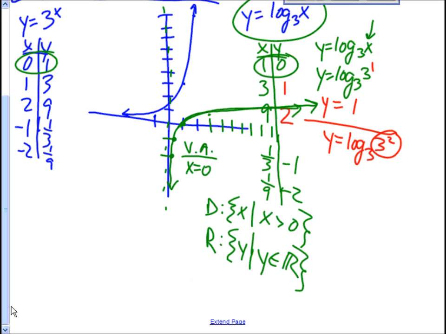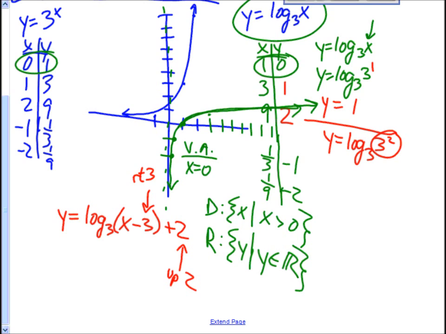All right. And of course, you can shift that right, left, up, down. Same sort of shifts. If you had log base 3 of (x minus 3) plus 2, that would be right 3. It's the same graph because it's log base 3, except it's right 3 and up 2.